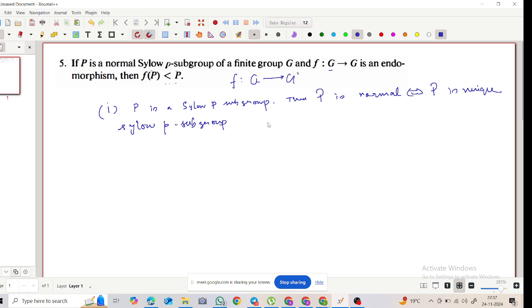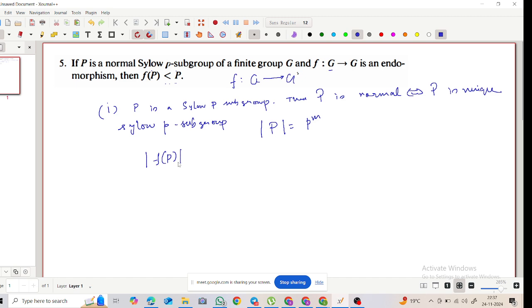Okay. Now tell me, what is f? So mod P, P has order. This, but what about f(P)? What should be the order of f(P)?